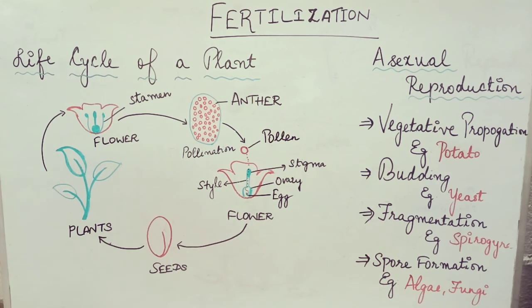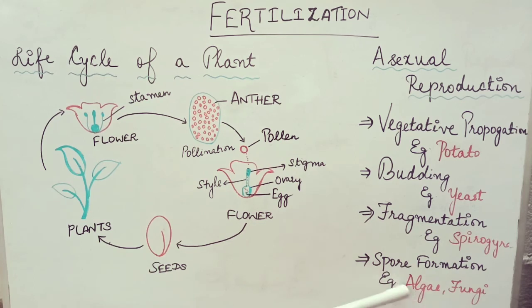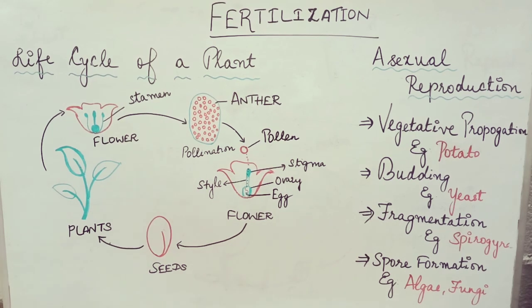During these conditions, the non-flowering plants, that is algae, fungi, will germinate into a new plant. This is known as spore formation. These are the 4 types of asexual reproduction.